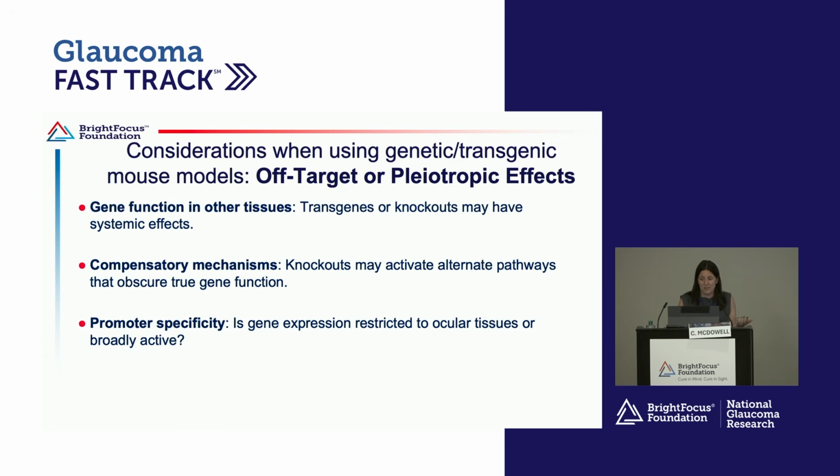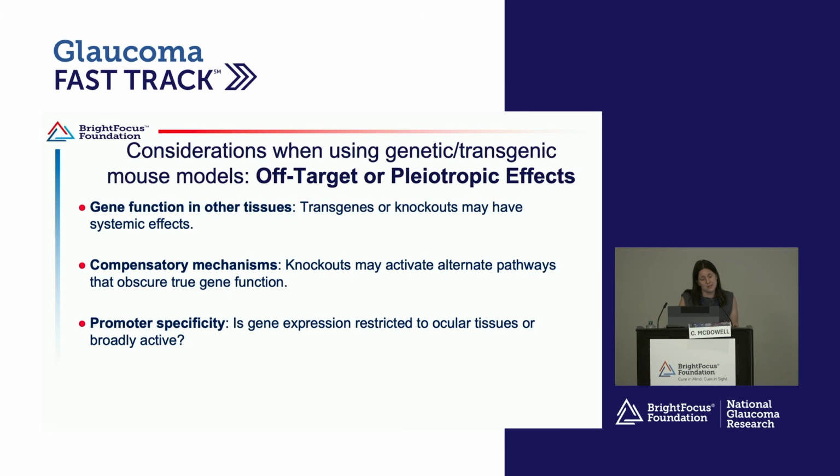So JNK3 is a pathway that is known to mediate neuronal death signaling. So the hypothesis was, well, let's knock it out and maybe that will rescue neurodegeneration. Well, when investigators did that experiment, they didn't see any block of the neurodegeneration, and it's likely due to a compensatory pathway that made up for that loss of that really important signaling molecule.